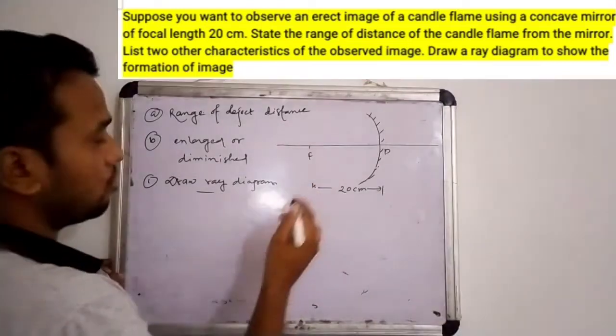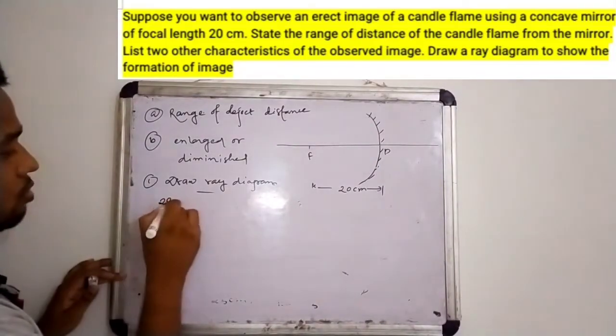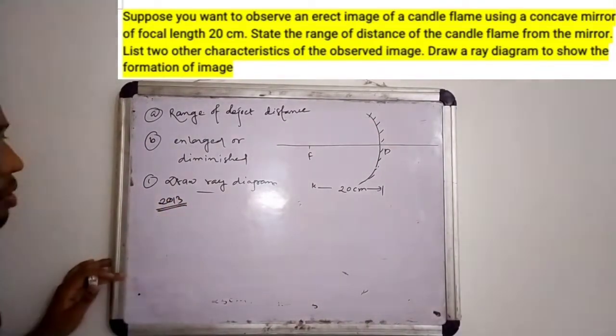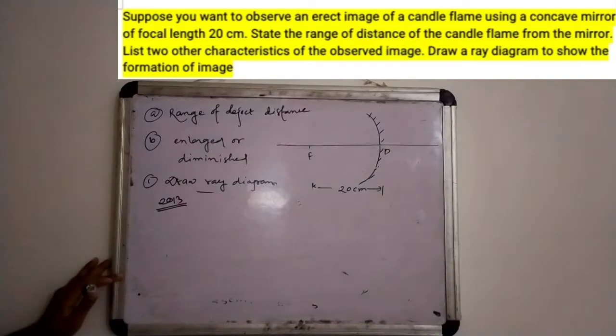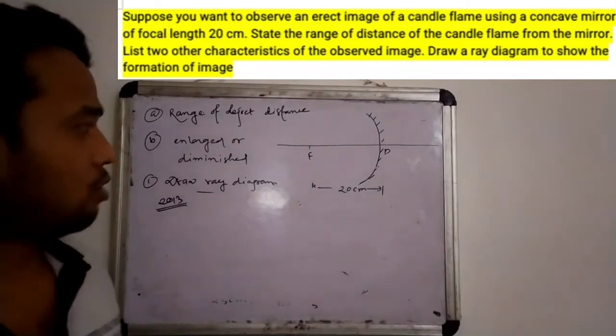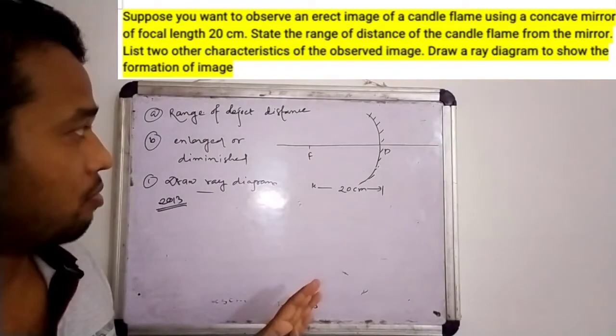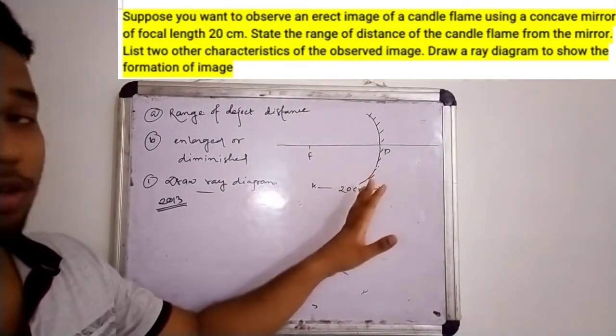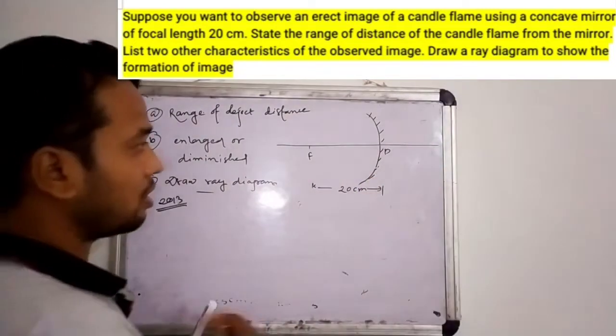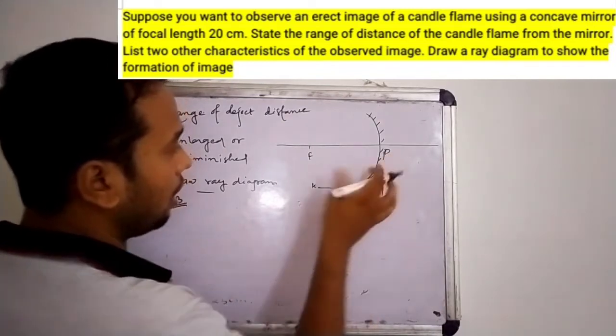And this question is from the 2013 question paper. What will be the range of the object distance? I told you that if we form an erect image using this concave mirror, we have to place the object in between the pole and the focus.